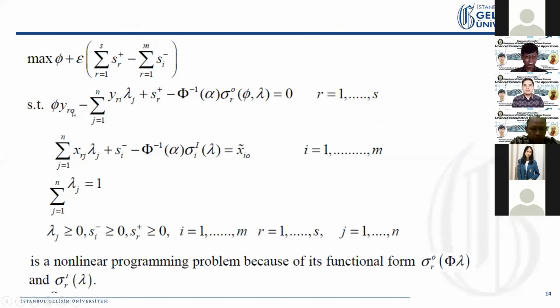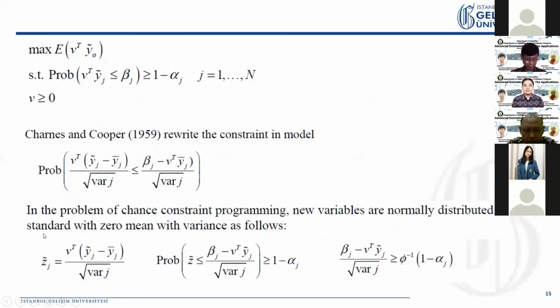Again, here we can put the slack variable with the constraint. I will not go through all of this. Here you should see the normal distribution, the standard normal distribution, which makes the calculation easy.